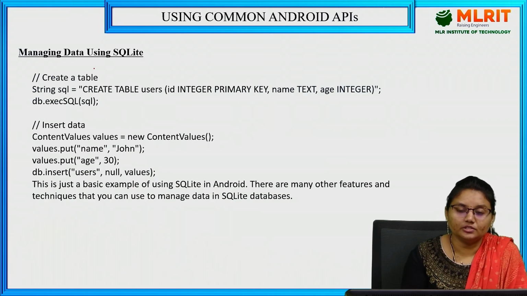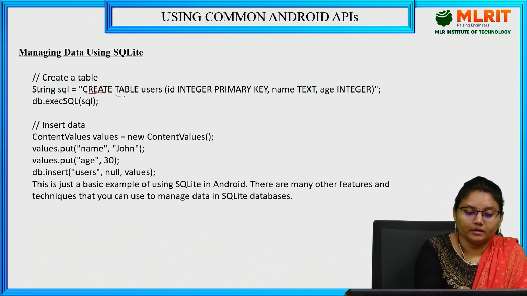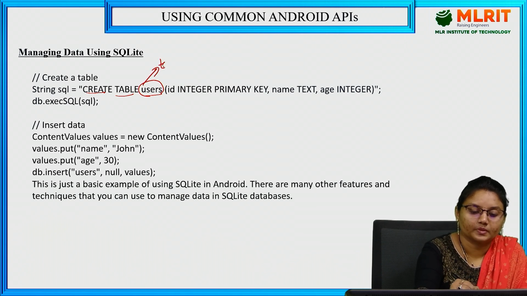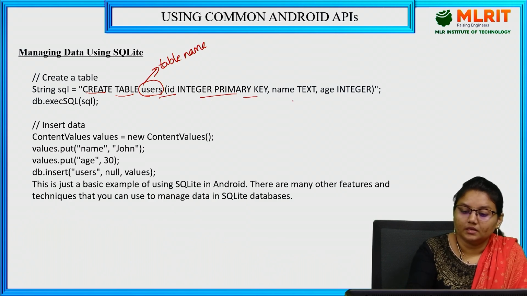Now after creation of the database you need to create a table. How to create a table? CREATE TABLE users. What is this? This is the table name. This is a SQL query: create table name, ID and its type, the primary key, one more parameter and its type, one more parameter and its type.